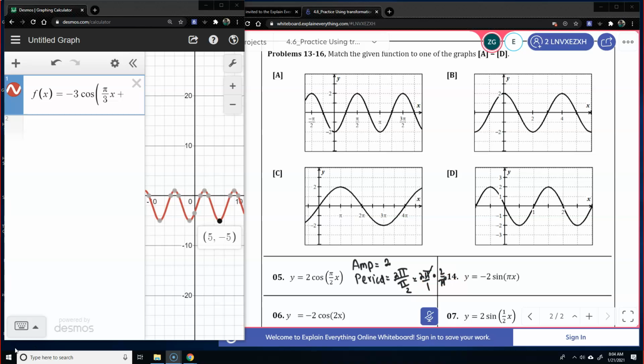Pi's cancel, so the period is 4. So the only one that satisfies a period of 4 is B, and it's cosine. So it starts at 0 and it ends at 4 right here. That's the period. And then we know that the amplitude is 2.